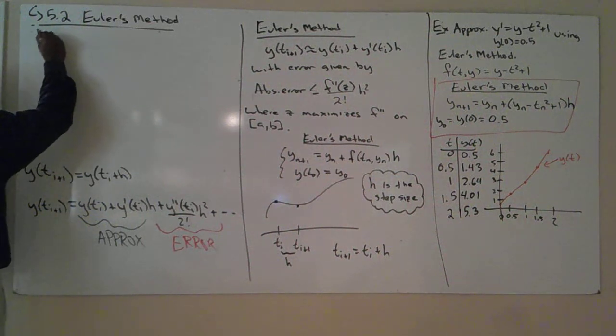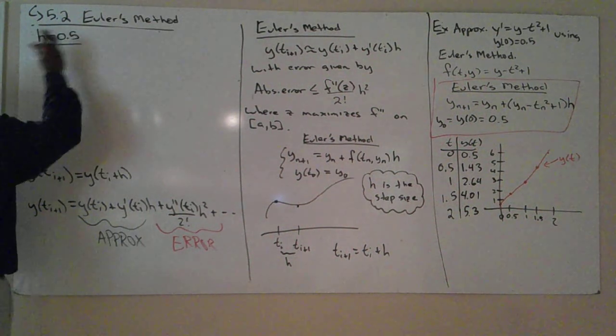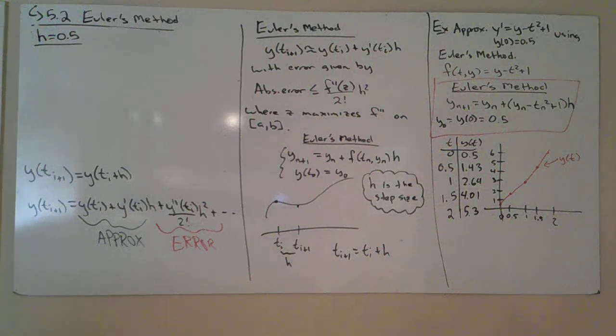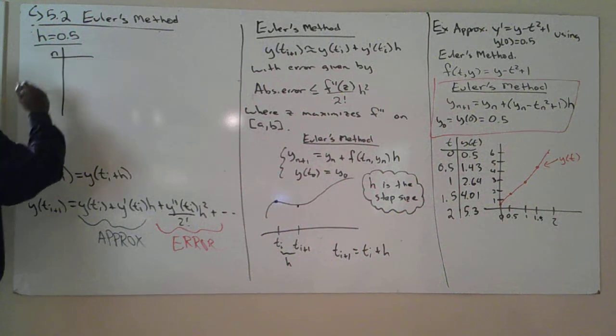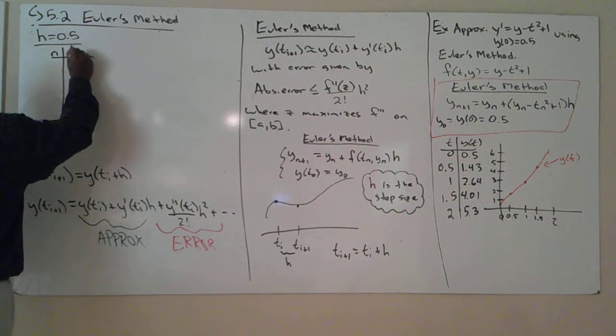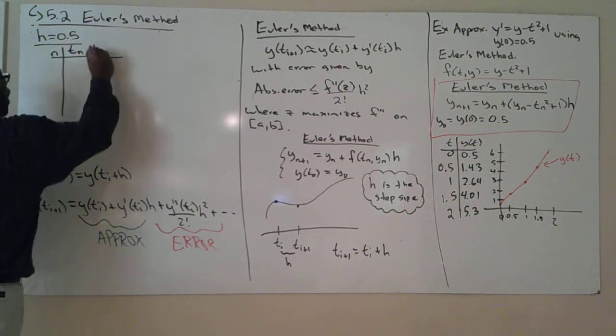Use h equals 0.5. I could let h be smaller than 0.5, and I can still compare them at those places. But let's use h equals 0.5. I'm going to have a table for all this method. I have n, I have t sub n, and I have y sub n.